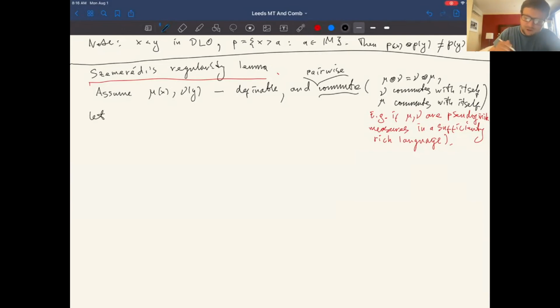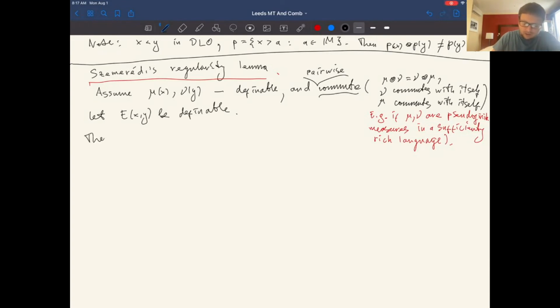Now assume you have an arbitrary definable relation. So let E of x, y be definable. So I have an arbitrary definable binary relation. We can think about it as a bipartite graph, for example.